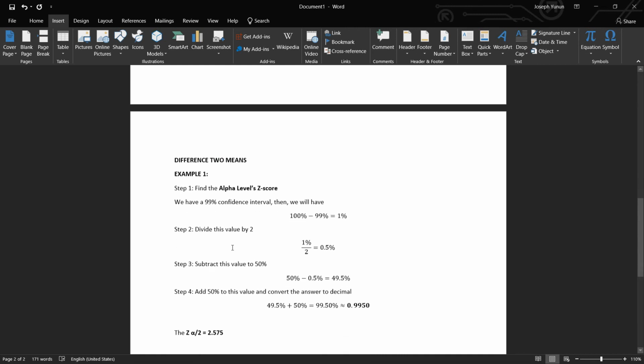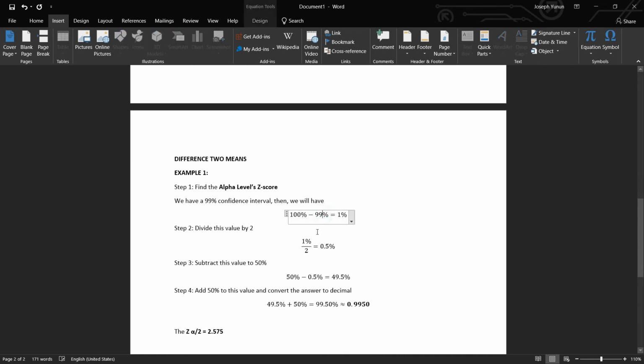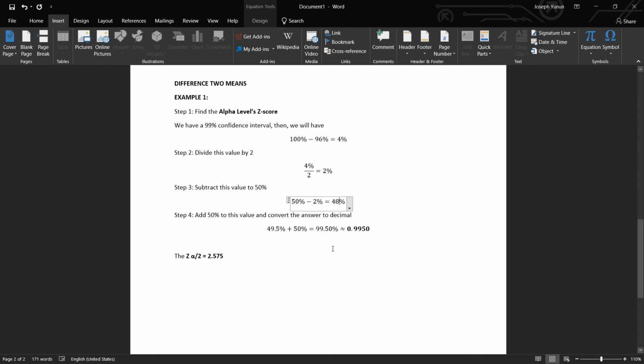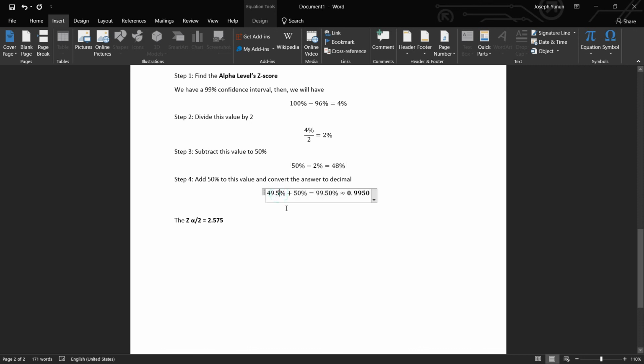So you have 96%, which gives us 4%, and it should be 2% on each side. So 50 minus 2% gives us 48%, and 48 plus 50 gives us 98%, or 0.98.